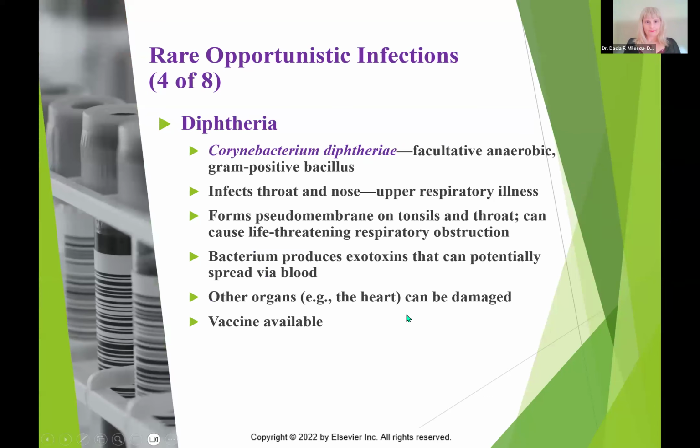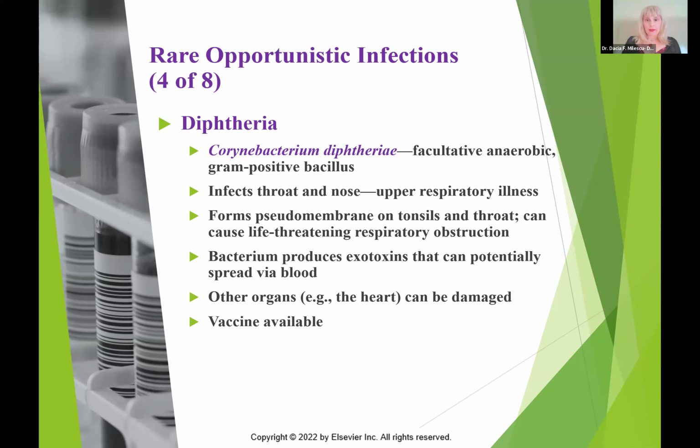So remember that. Next one, rare and also opportunistic, is diphtheria. We have a vaccine available for diphtheria. We have the slides in the micro lab if you want to look up the Corynebacterium diphtheriae. They are facultative anaerobic, meaning they can manage aerobic, but they prefer anaerobic. They're gram-positive bacillus.